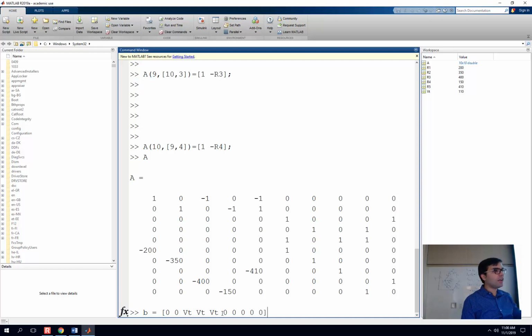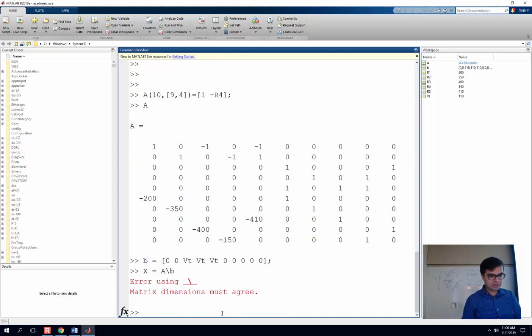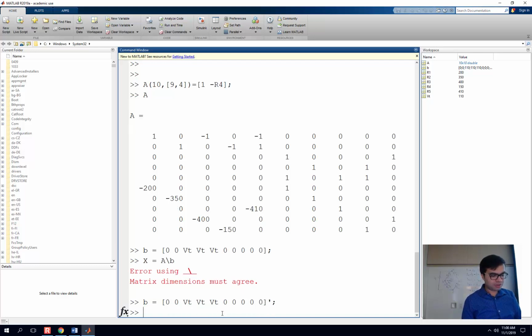And then I need a prime because it has to be vertical. And if I do x is equal to A backslash B, it doesn't work because I didn't put the prime after all.